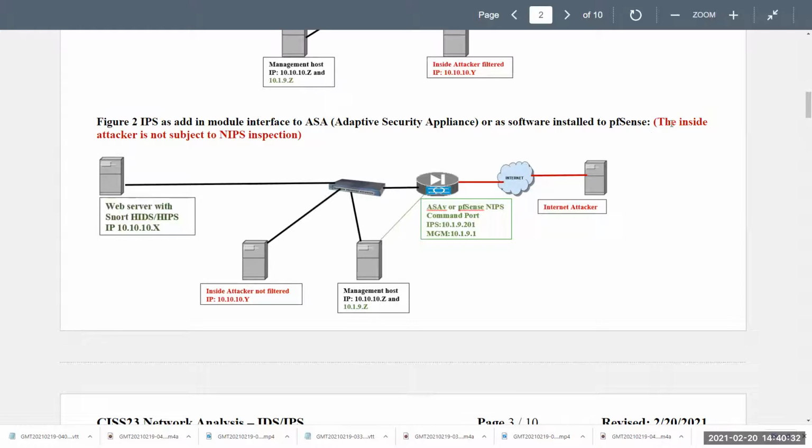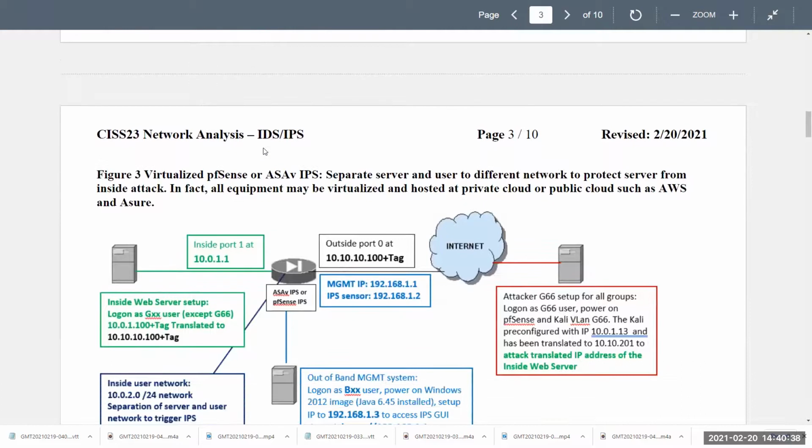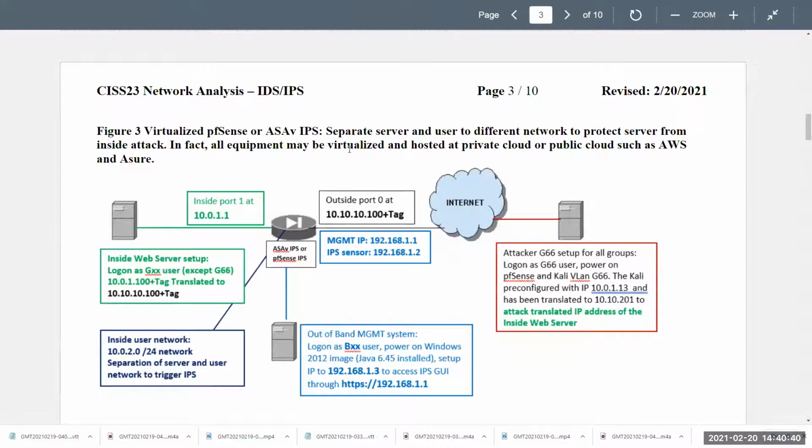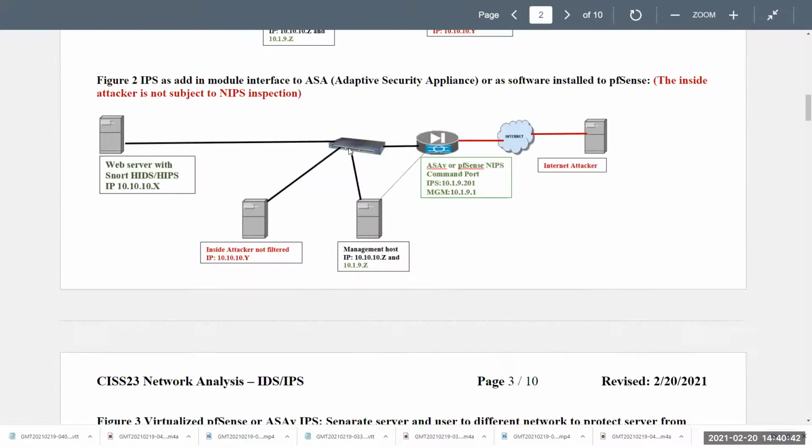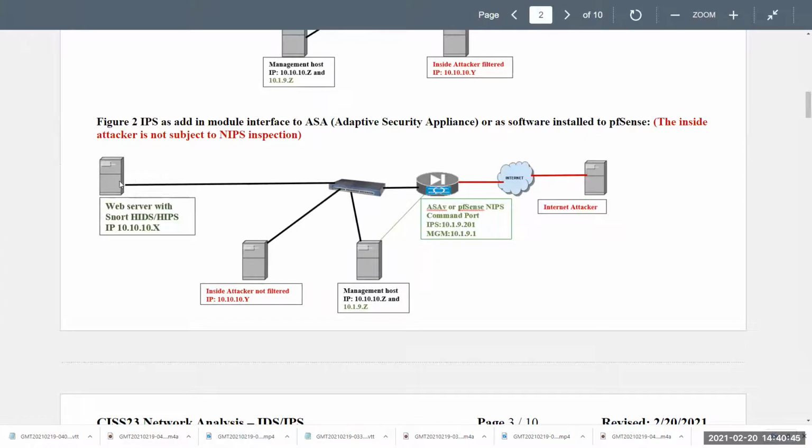All right. So it tells you that the inside attack is no longer subject to the inspection. Now we have to solve the issue. In here we can actually put this server into a different backbone or different switch, physical or with the figure 3, virtualize it and put it into a different network that's connected with your security appliances.